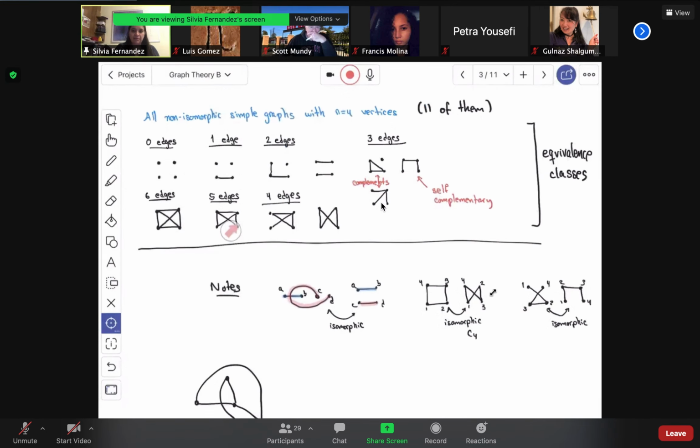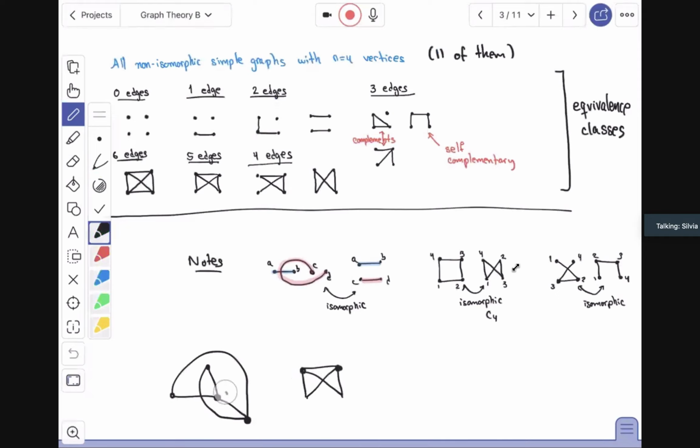This one has degree 3 and that one has degree 3. This one has degree 3 and this one has degree 3. So I probably should label that A, B, C, and D. And then check that I really have the edges: A joins to B, C, D. B joins to A, C, D, and then C joins to B and A, and D to B and A. They're isomorphic.